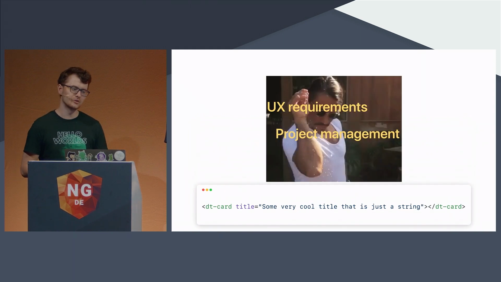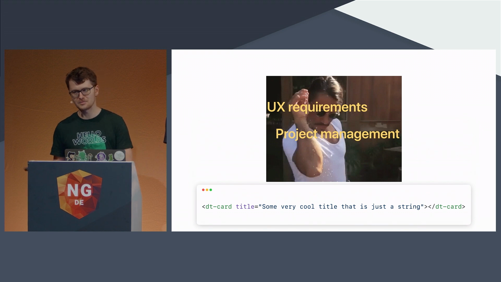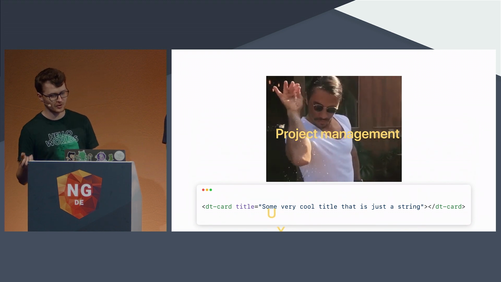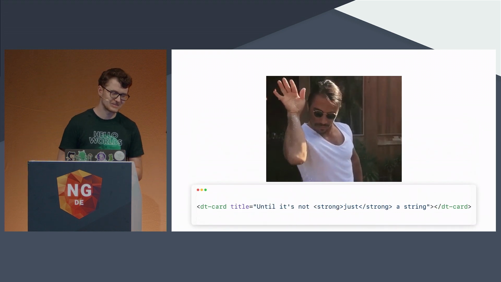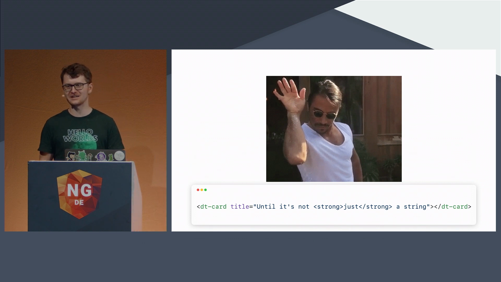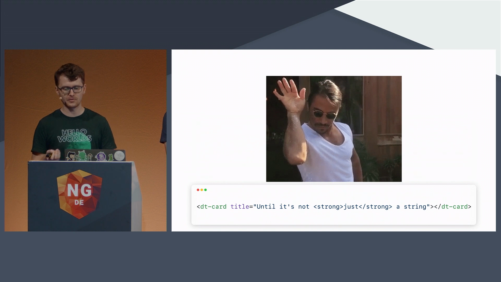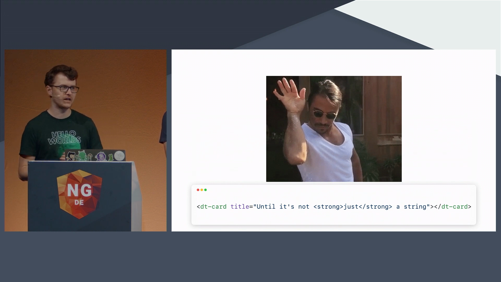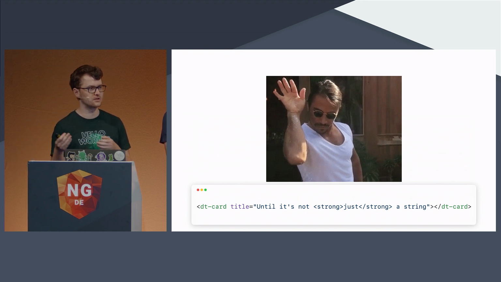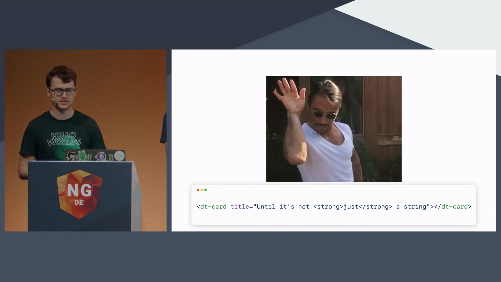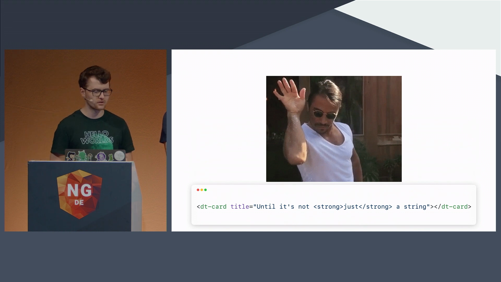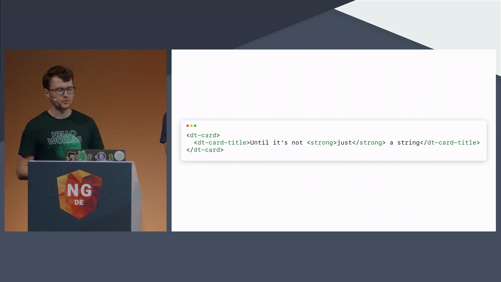But then some new UX requirements and project management requirements are sprinkled on top, and what previously was just a string now contains HTML markup. This is problematic. You can, of course, hack together something where you insert it into the DOM or use innerHTML, but there are better solutions out there. We're using content projection for this.